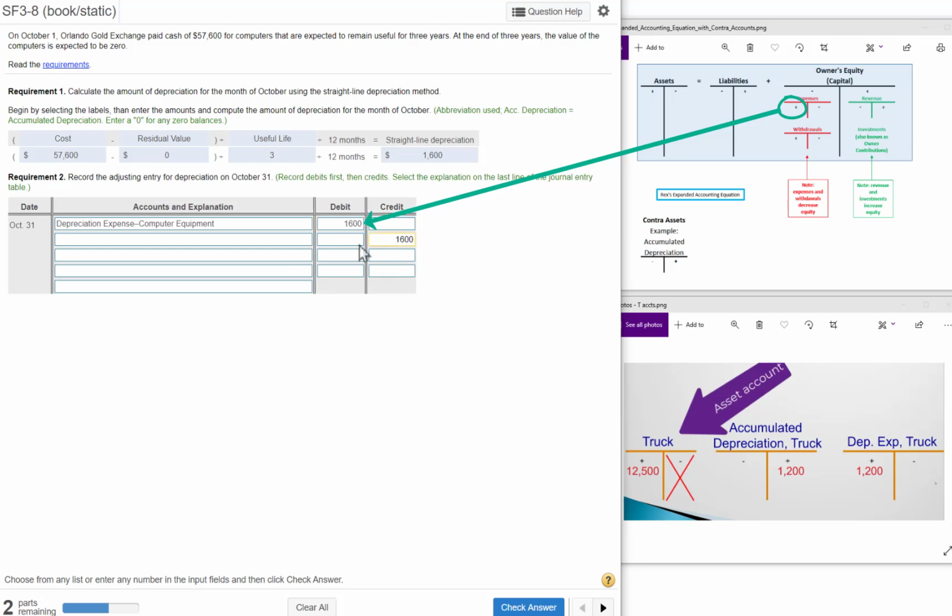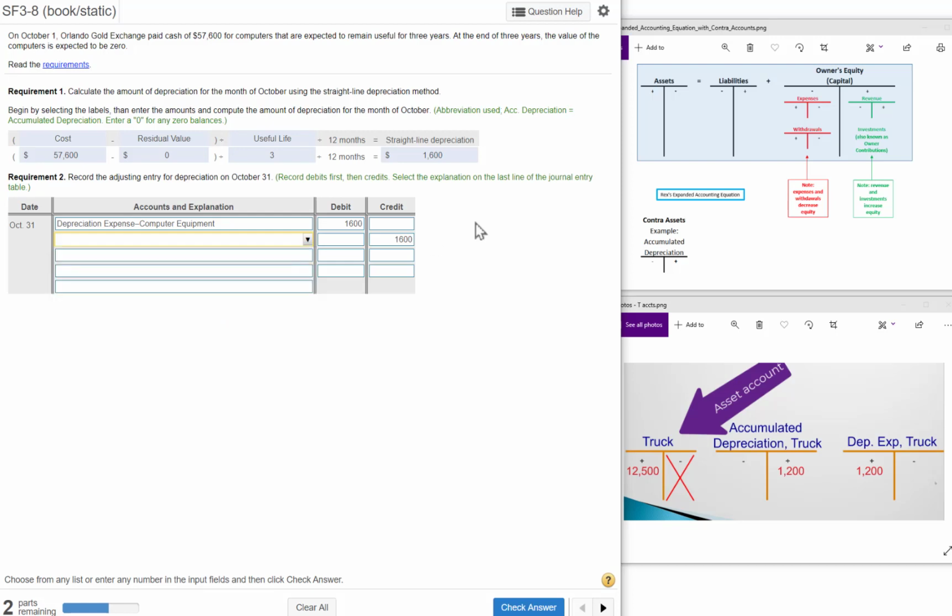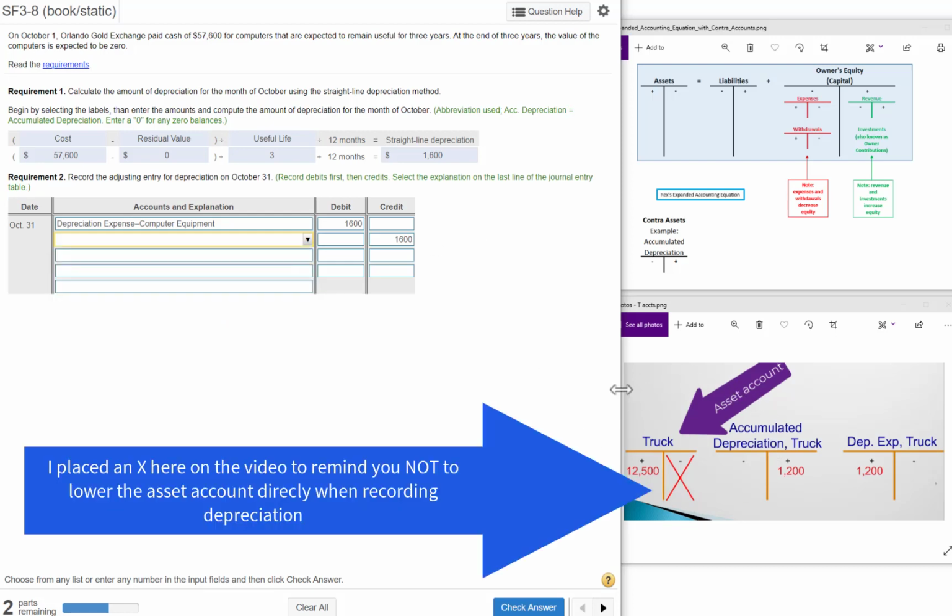Now here's what a lot of students try to do. A lot of students try to lower the computer equipment, the asset, directly, but you're not allowed to do that. So here's a screenshot from our lecture. Notice when we're doing the truck, I put a big X here to tell you that we cannot lower the truck value directly, because we need to keep the cost of the asset, computer in this exercise's case.